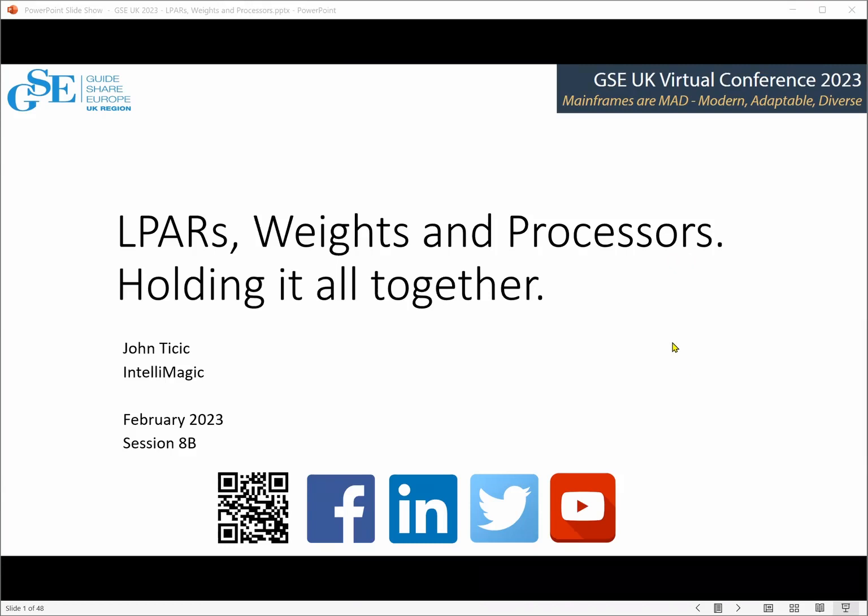So my topic for this session, as you can see, LPARs, weights and processes. I'd like to look at how we define our LPARs and what the results are as far as processor efficiency, how we can look at that, i.e. what SMF records there are, and not only how we can change it, but what happens when we change it.